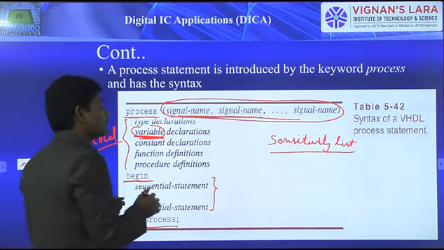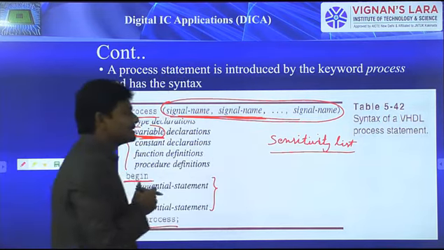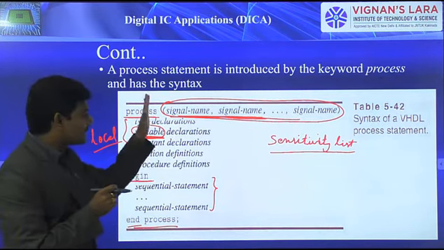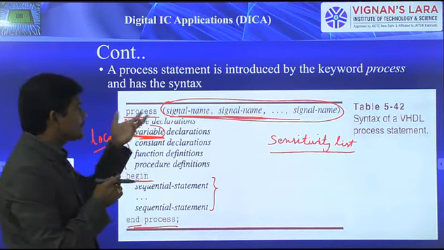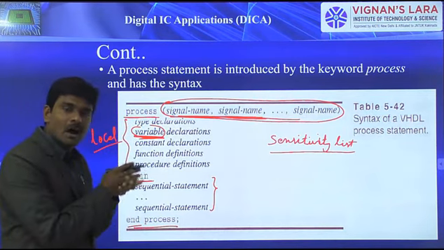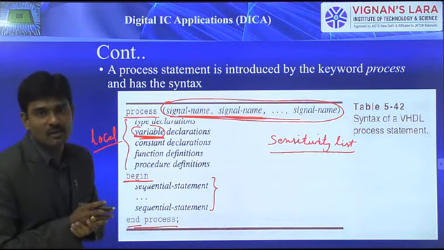One more point: here I mentioned the sensitivity list. Within the sensitivity list we place the signals on which the output of that particular circuit depends, those signals that cause the output to vary.